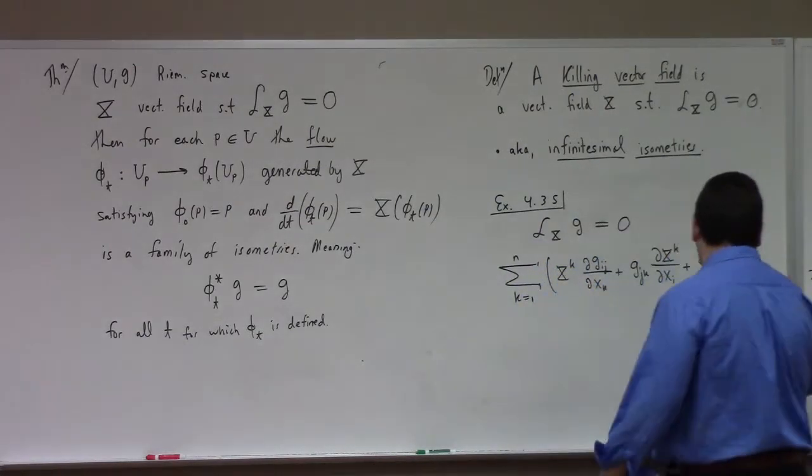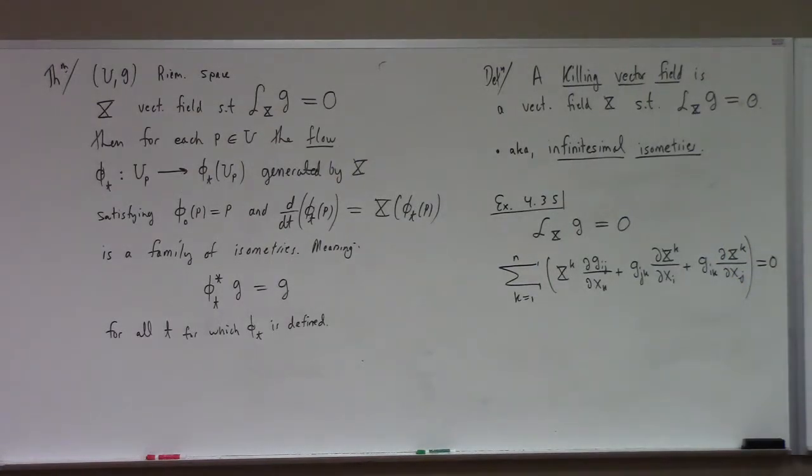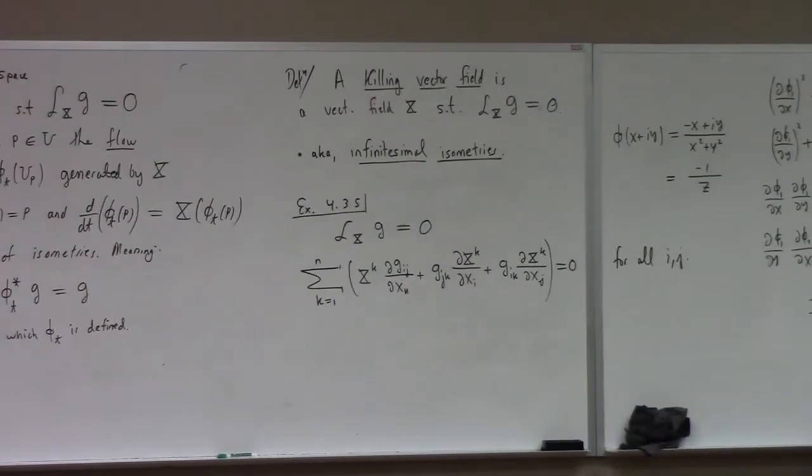All of that equals 0 for all i and j, right?